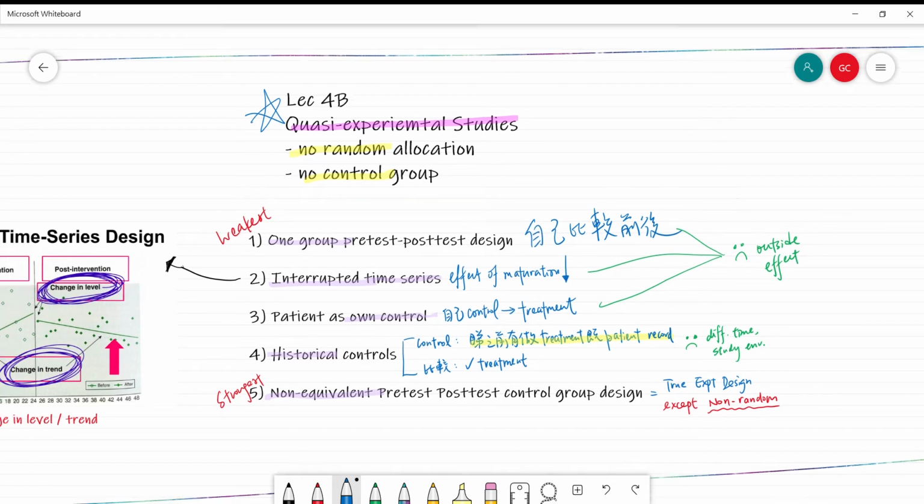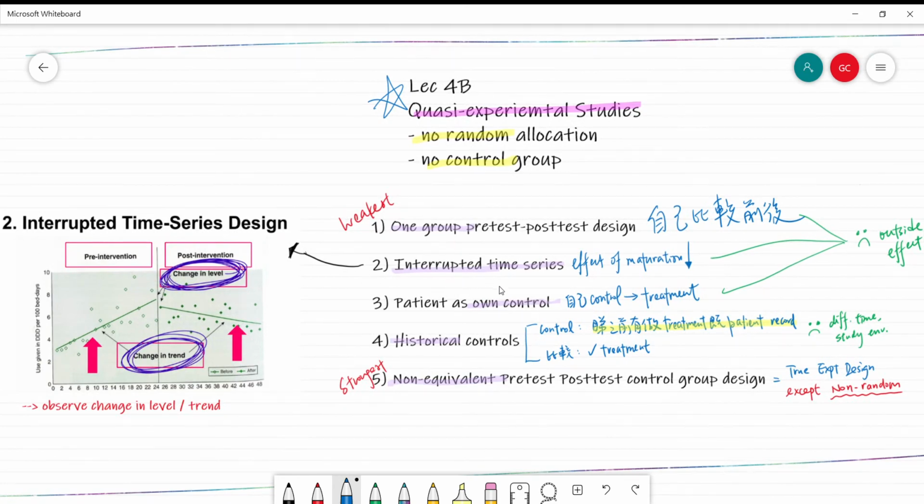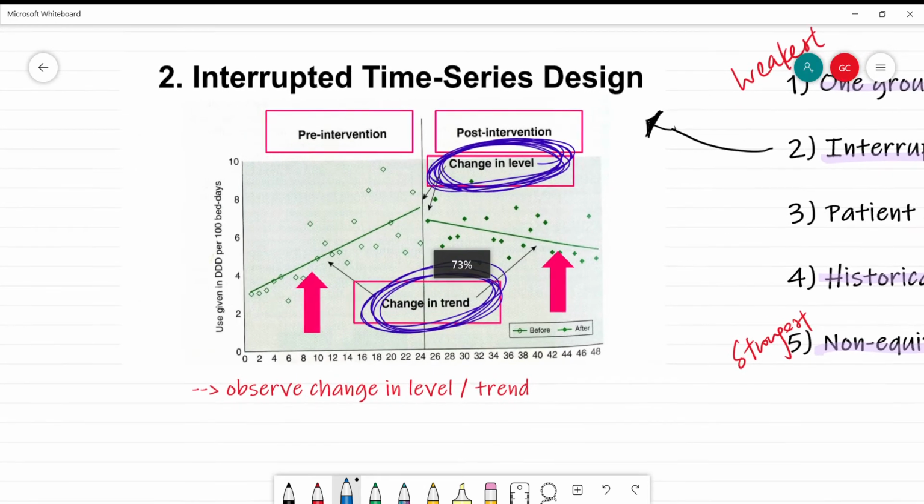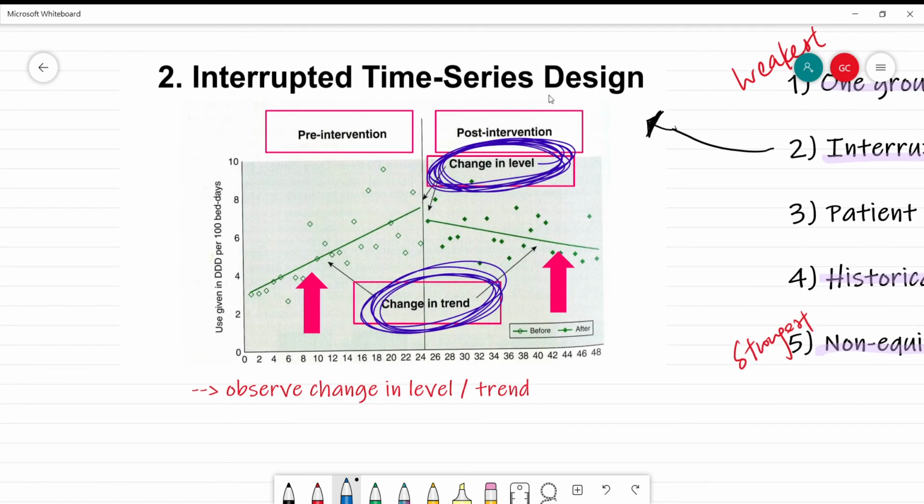And the second one is the interrupted time series. I've also prepared a slide here explaining the interrupted time series design. The line here, as you can see, marks the time the treatment happens. Before it is the time before the treatment, and on the right-hand side is the time after the treatment, which is the post-intervention.